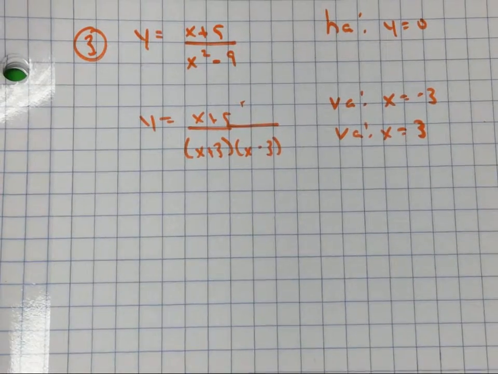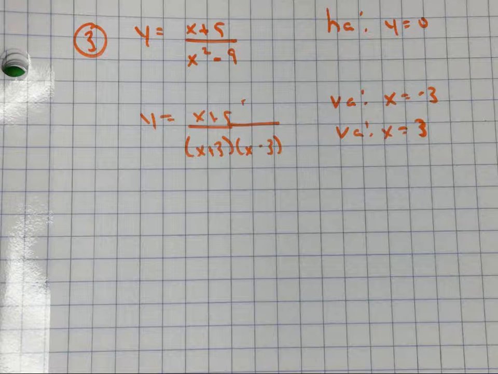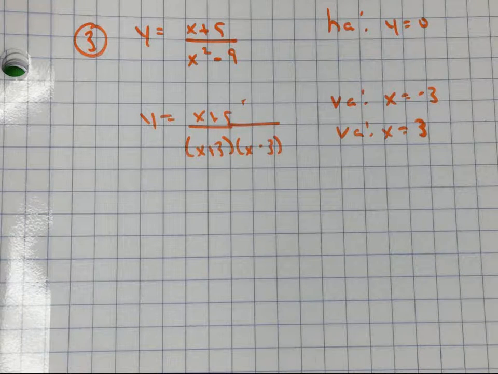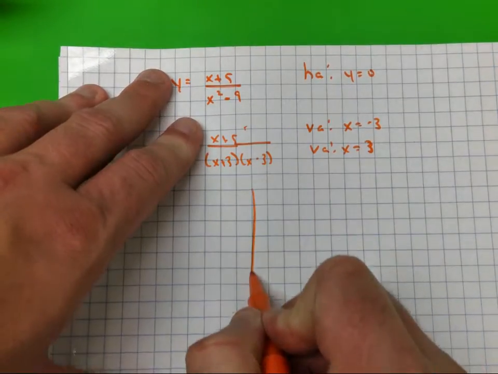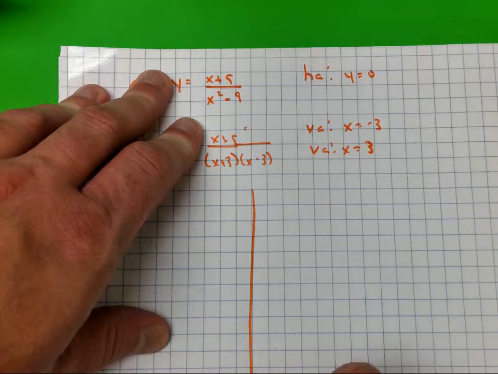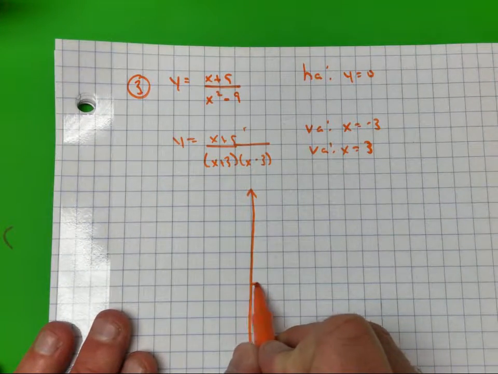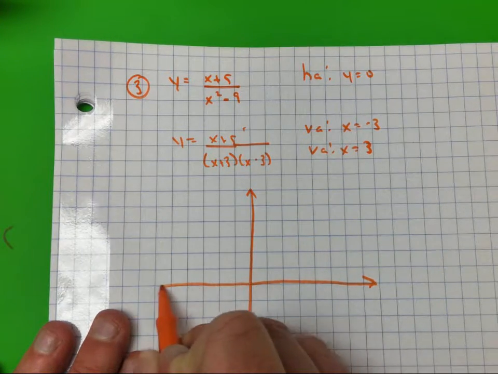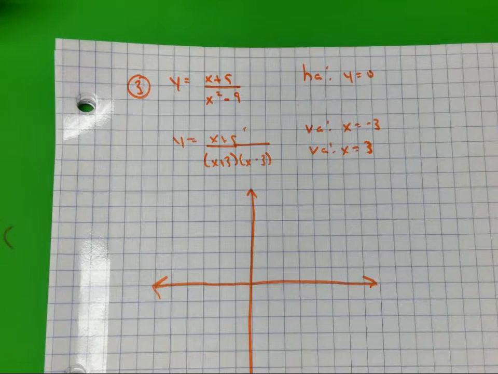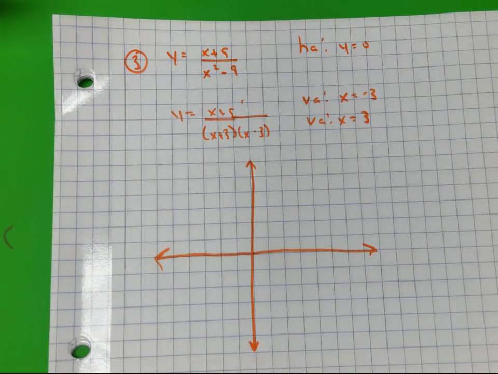Alright, so I want to graph this. I'm going to zoom out for just a moment. Alright, I'm going to graph my vertical asymptotes. x equals negative 3.